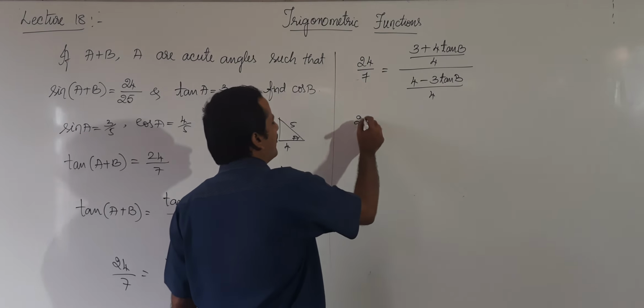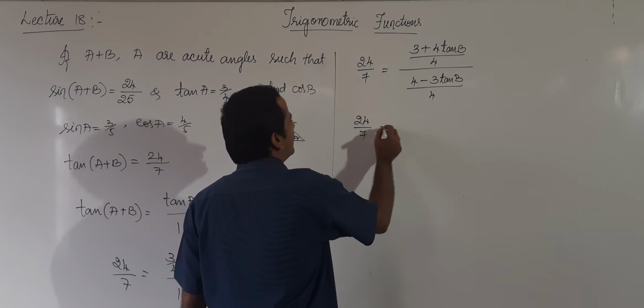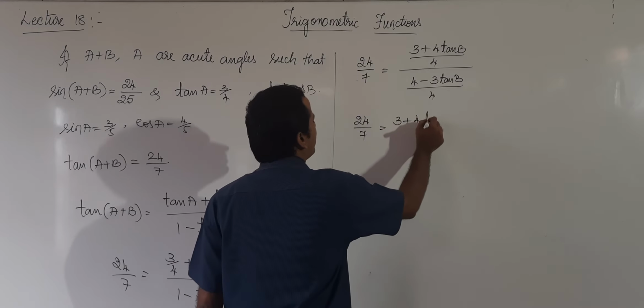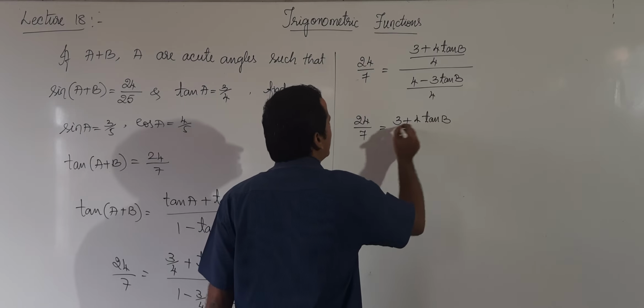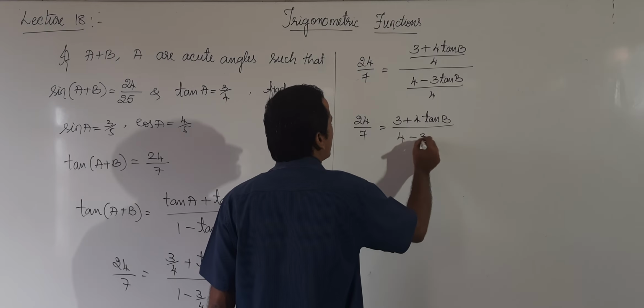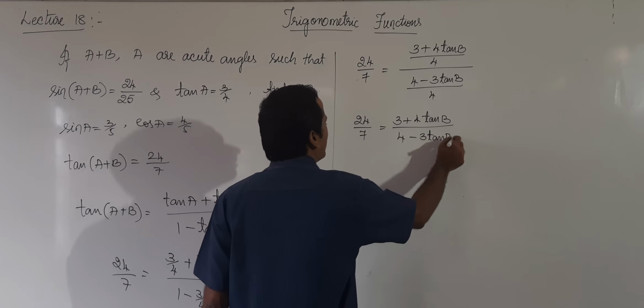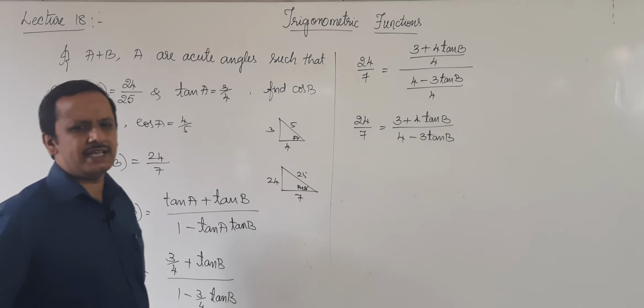So you will have 24 by 7 is equal to (3 plus 4 tan B) divided by (4 minus 3 tan B).